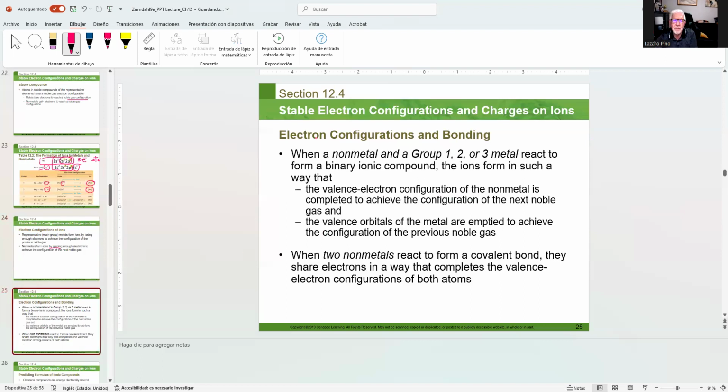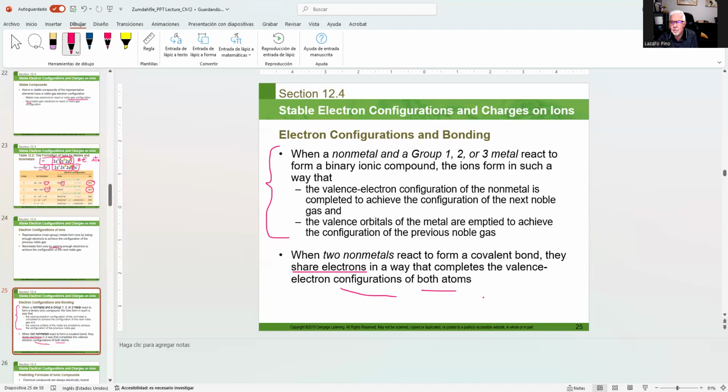Here we have the configuration for groups 1, 2, and 3, which usually lose electrons to get the noble gas configuration. While the nonmetals share electrons, and this way they complete the valence electron configuration of both atoms.